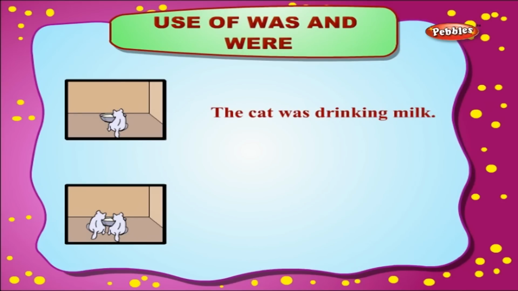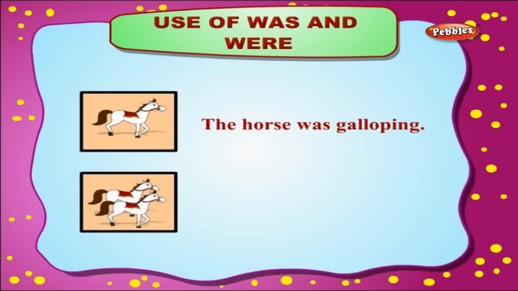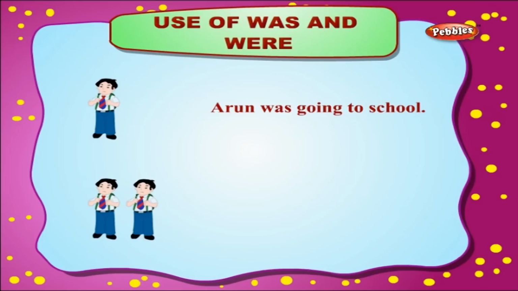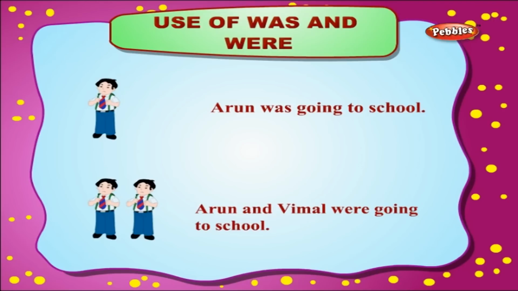The cat was drinking milk. The cats were drinking milk. The horse was galloping. The horses were galloping. Arun was going to school. Arun and Vimal were going to school.